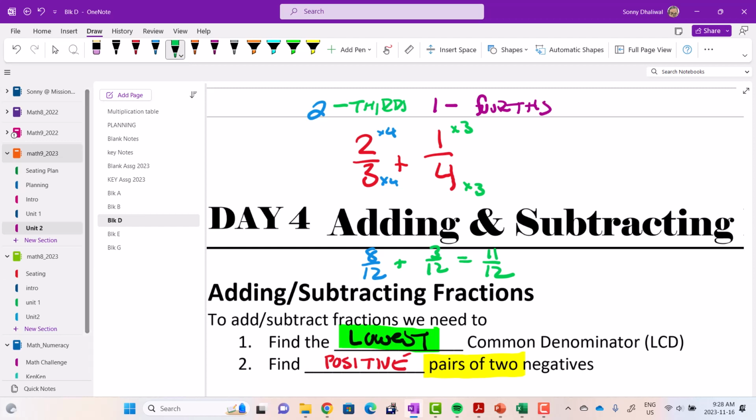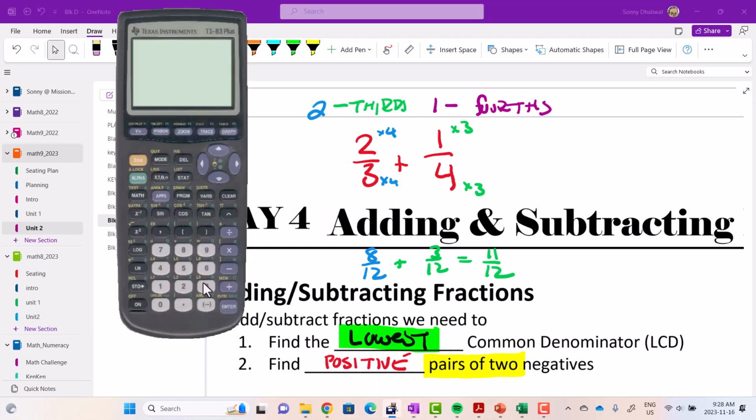So if I grabbed my calculator and I went 2 divided by 3, I get 0.666666, and I go 8 divided by 12, I get the same number, right? We did not change the value, we just changed how it looks so we can do some math. That's really important to understand, right? We're just manipulating the numbers so we can do calculations a little bit easier.